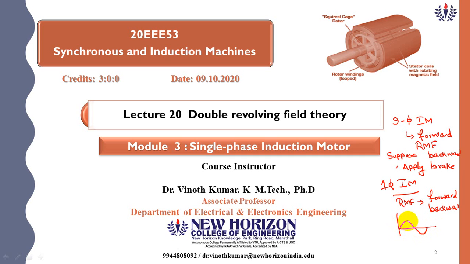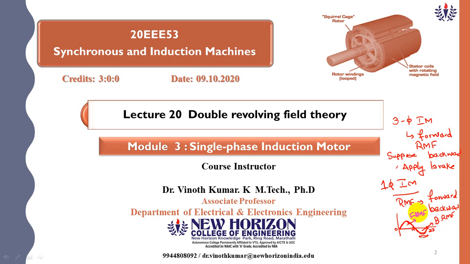In this top portion, the positive quadrant 0 to pi, is called the forward rotating magnetic field. And this bottom portion, the range pi to 2 pi, that is 180 to 360 degrees, is the backward rotating magnetic field.